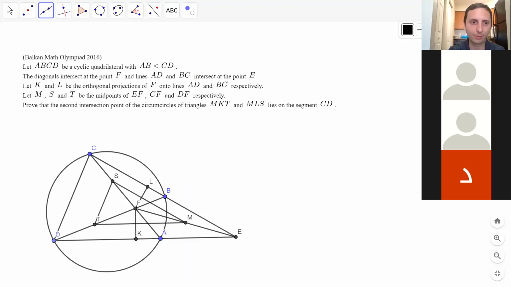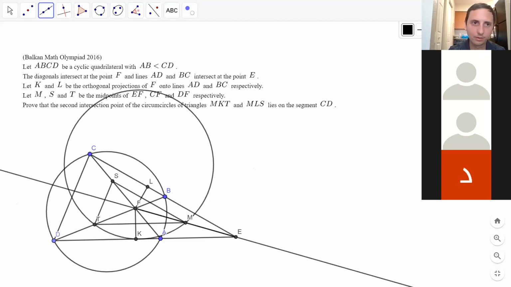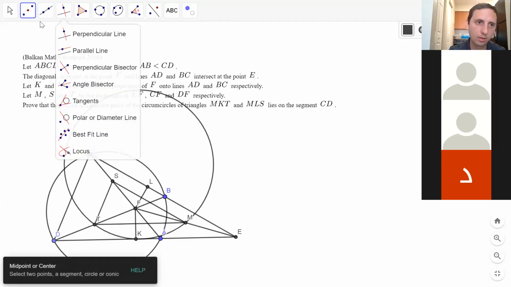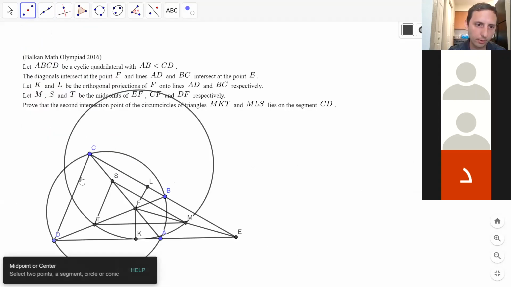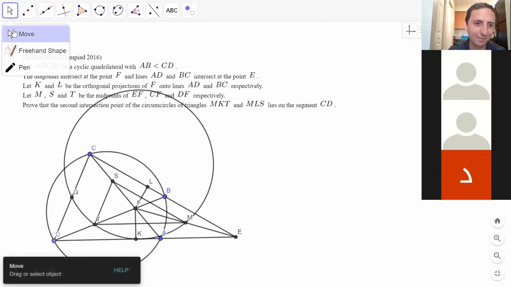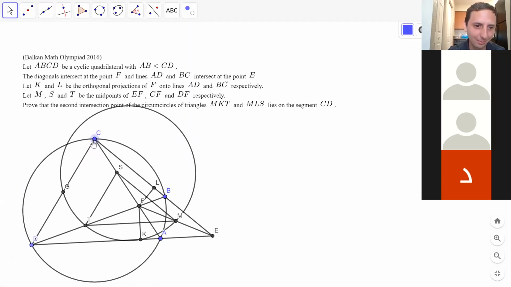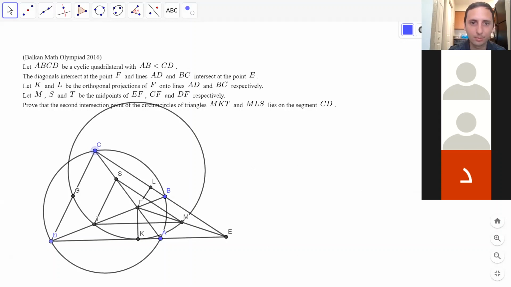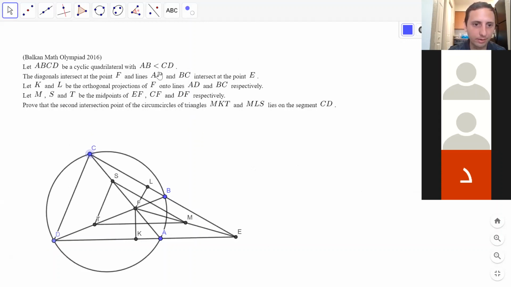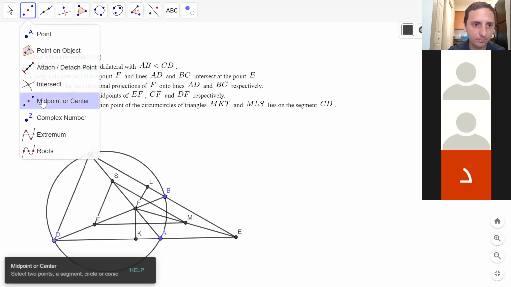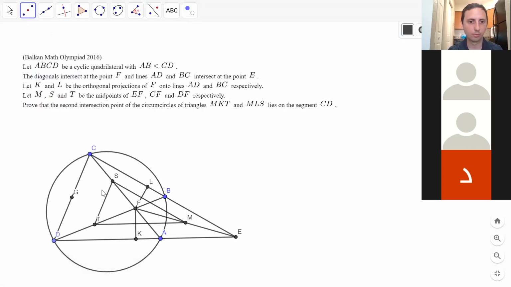Is it the midpoint? Let's try the midpoint. Yeah, I missed the most obvious thing. It is the midpoint. So we could draw the midpoint of CD, and then we want to show that we have the cyclic quadrilaterals. So we want to show MKTG is cyclic, and then by the same argument, MLSG would be cyclic. Interesting.